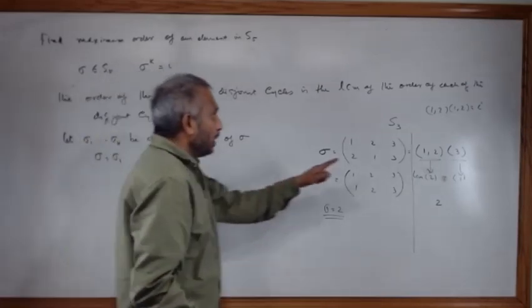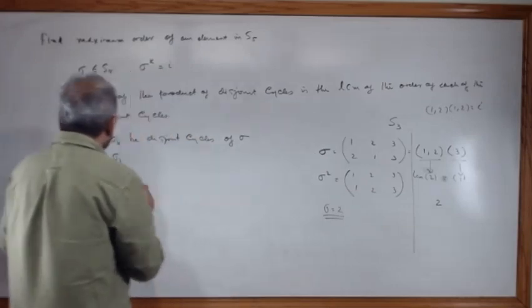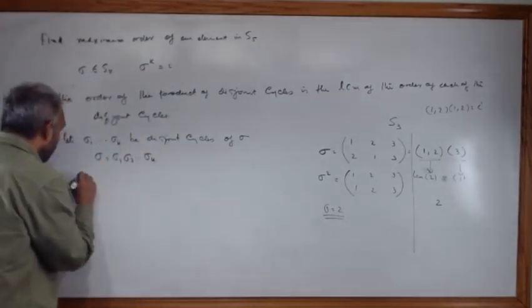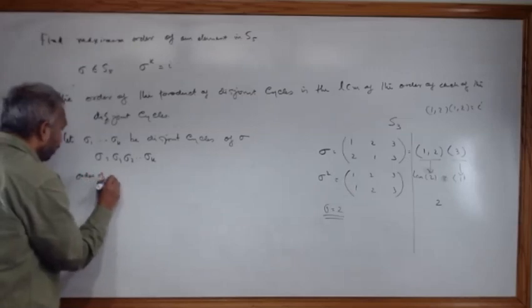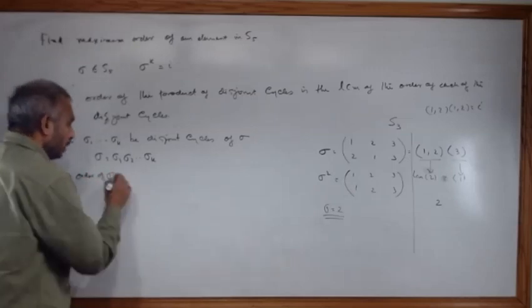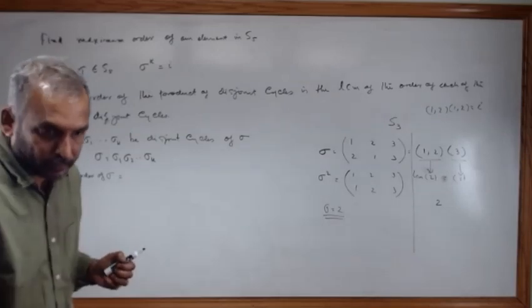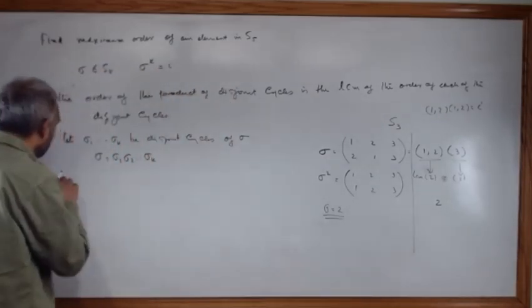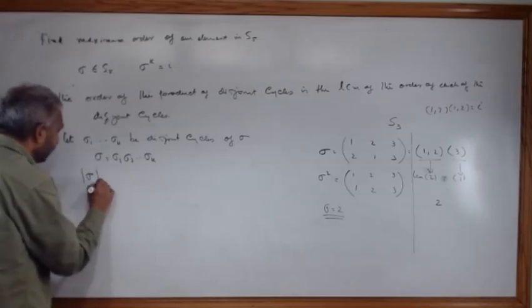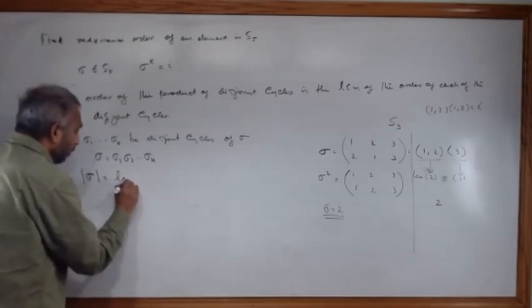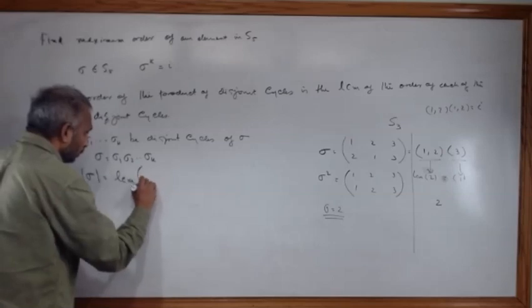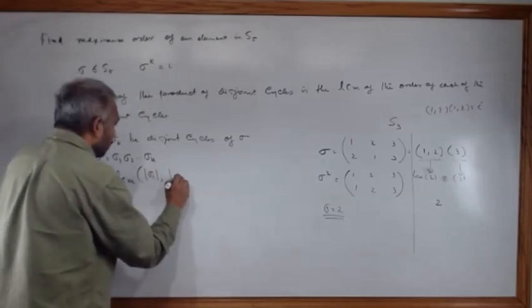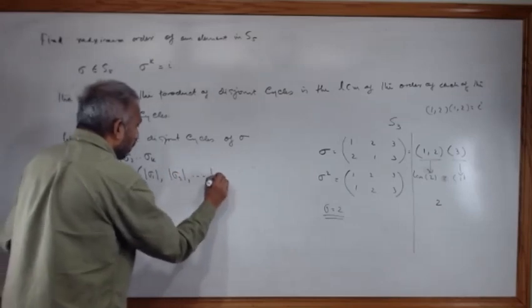This has to be disjoint. Then the order of sigma is equal to the LCM of the order of sigma 1, order of sigma 2, through order of sigma k.